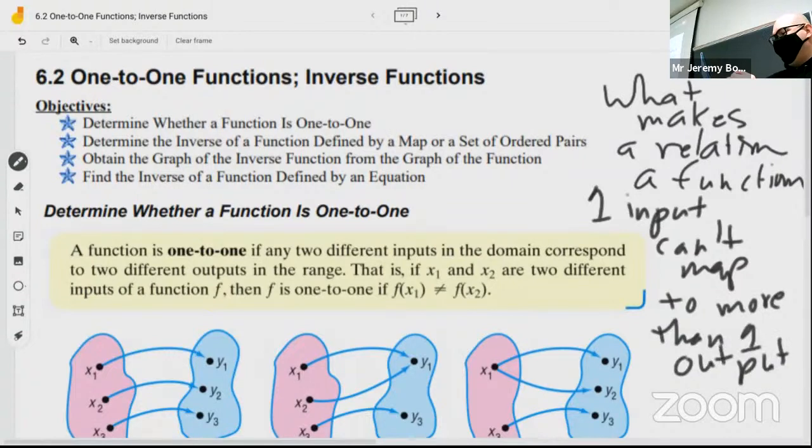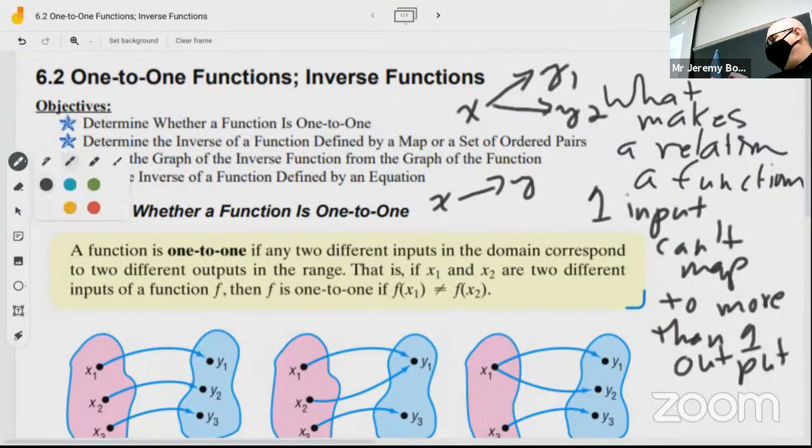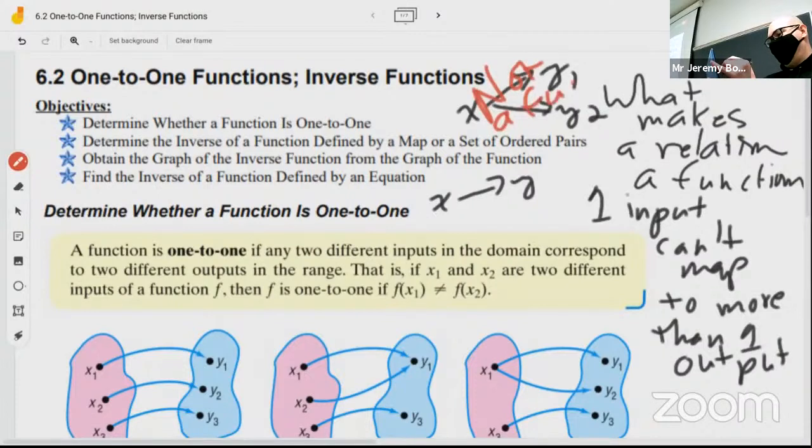So that means if you have an x value, it should only be mapped to one y value. If you have an x and it's mapped to a y sub 1 and a y sub 2, that is not a function.